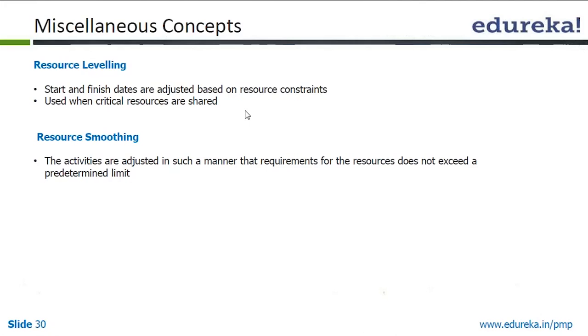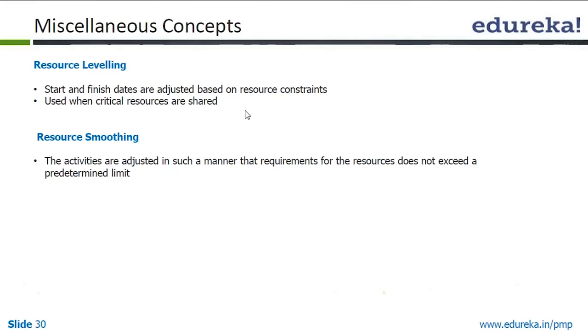Whereas resource smoothing is adjusting in such a manner that the requirement for the resource does not exceed a predetermined limit. This is basically like you have 8 hours per day, which is the standard office hours of a person. So you will book the person for 8 hours. What happens is sometimes resources, because of the activities, can be seen as being utilized for more than 8 hours, like 10 hours, 12 hours.